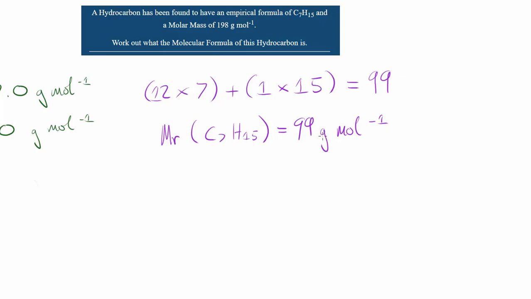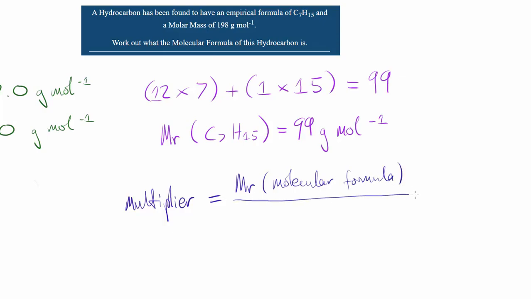Effectively, with the 99, we're going to apply a formula for working out the multiplier. The multiplier is equal to the molar mass of the molecular formula divided by the molar mass of the empirical formula.